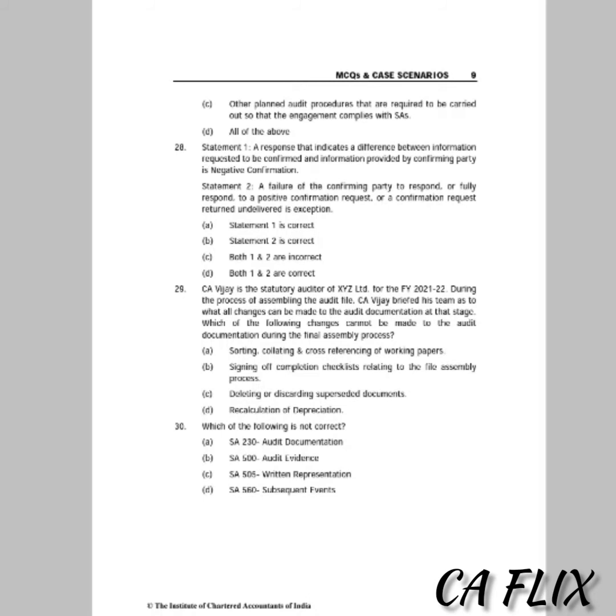Option A, sorting, collating and cross-referencing of working papers. Option B, signing of completion checklist relating to the file assembly process. Option C, deleting or discarding superseded documents. Option D, recalculation of depreciation.